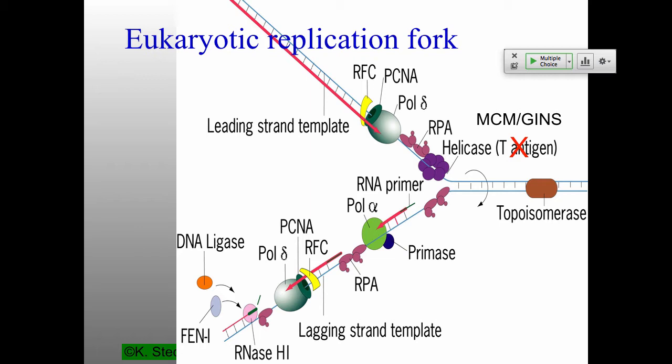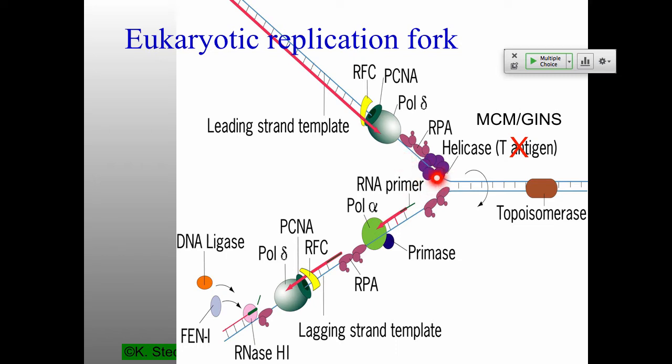It's not DNA polymerase delta. There are about 8 or 9 different DNA polymerases in eukaryotic cells. But DNA polymerase delta, and also DNA polymerase epsilon, are the main replicative polymerases you have in eukaryotic cells. RPA is the single-stranded binding protein.